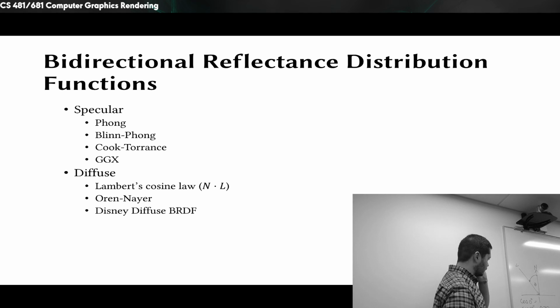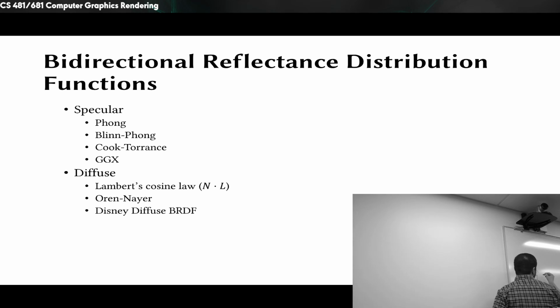All right, so what is this telling us? If we're at the cosine of 0, where is the light pointing? Straight on the surface. So that would be cosine of 0.